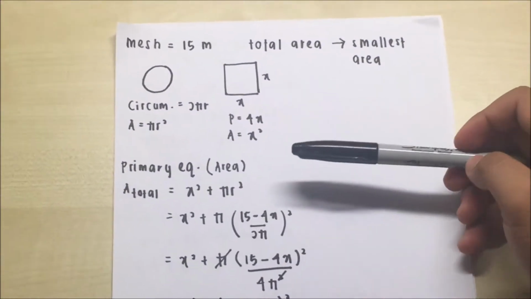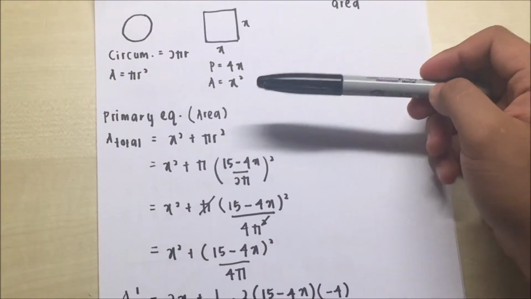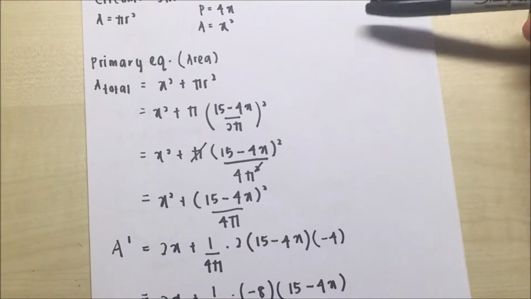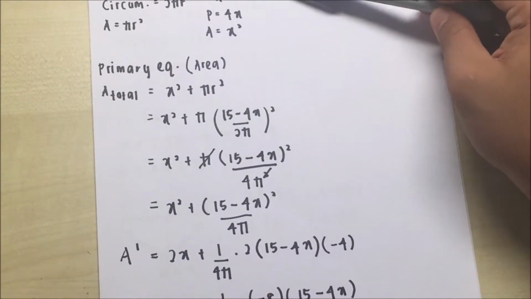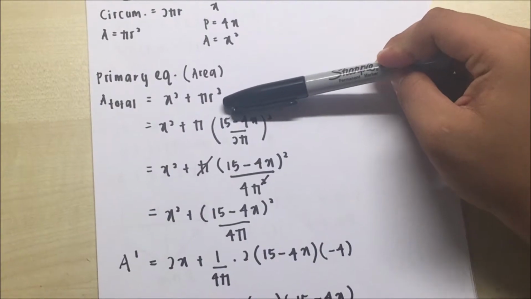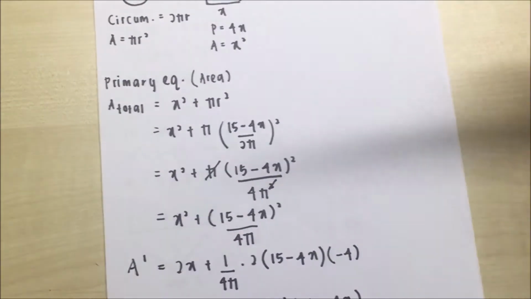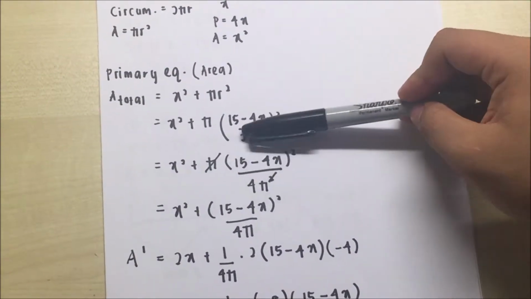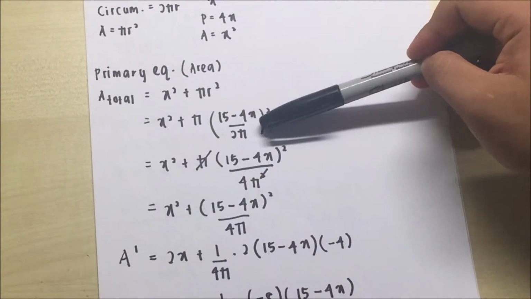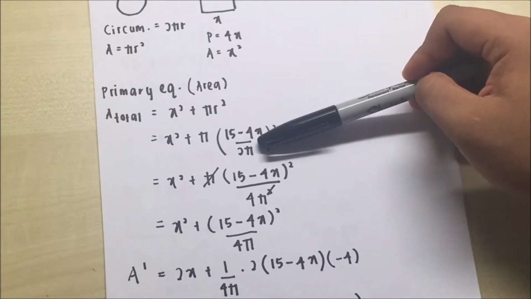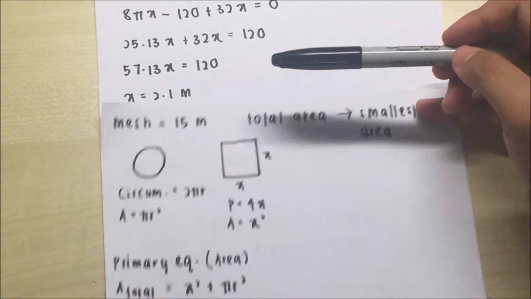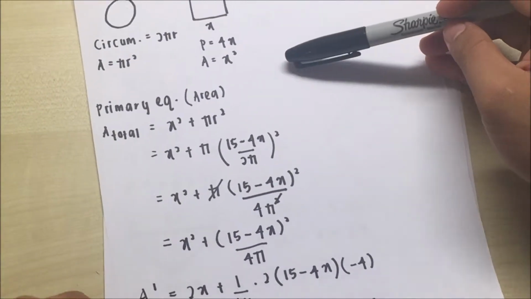First, we must find the total area for both of the shapes. x square we get the area from the square, and then pi r square we get the area from the circle. In this part we substitute the r with our second equation, which is from the circumference equation.